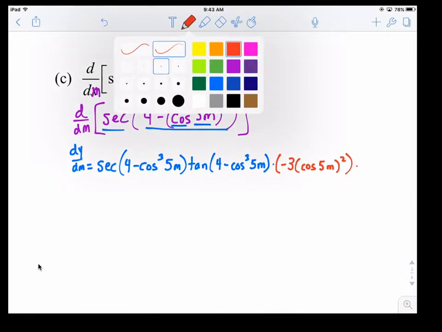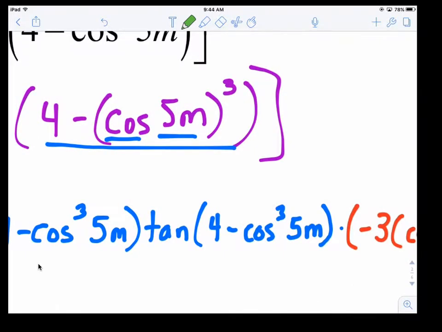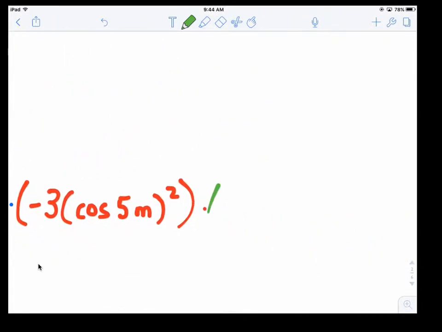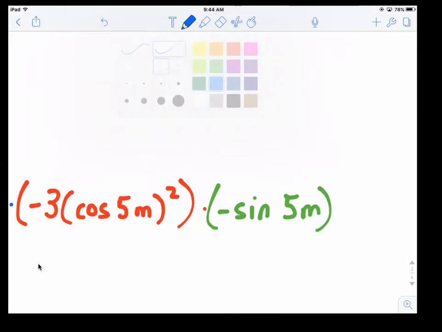Now I want to take the derivative of cosine of 5m. That would be negative sine of 5m, good. And then the derivative of the 5m would be 5.